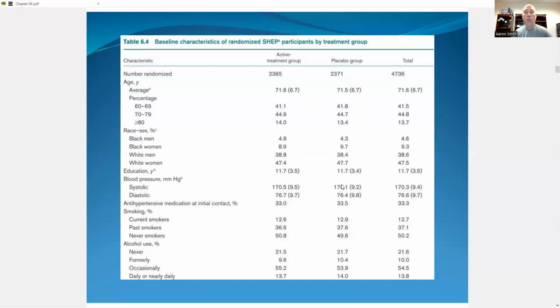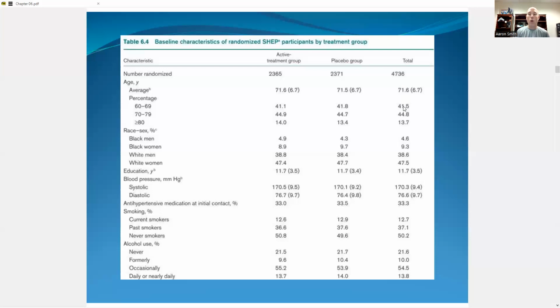Here's the average of the numeric variable, and we want these to be close to each other. Antihypertensive medication percentage, we want it to be close across the 3 groups. Then smoking status, once again, we want to be close. We want to see everything's relatively even when we work this out.